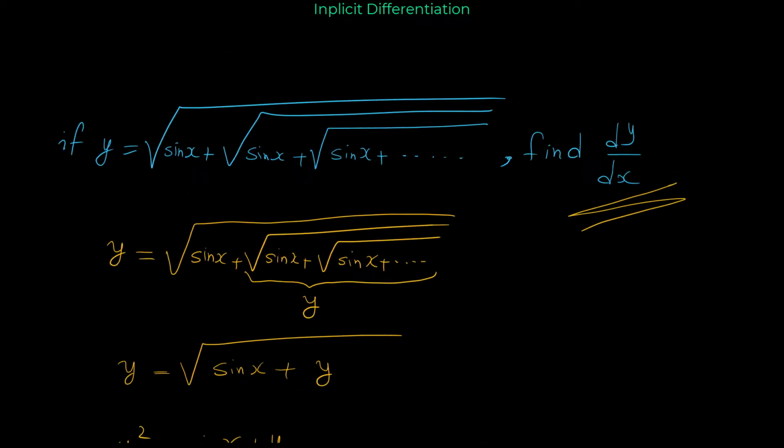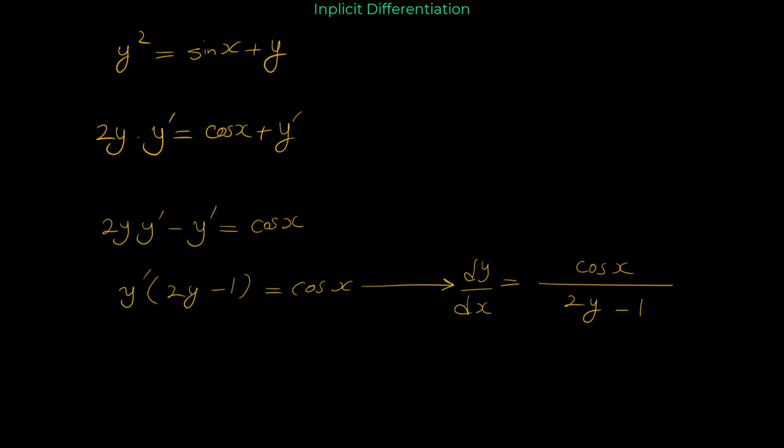So the derivative of this function is cosine x over 2y minus 1.